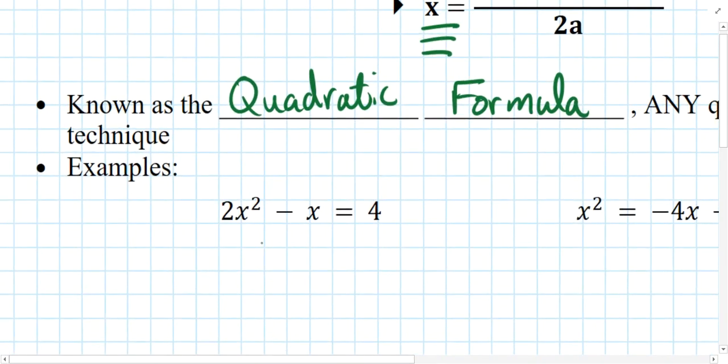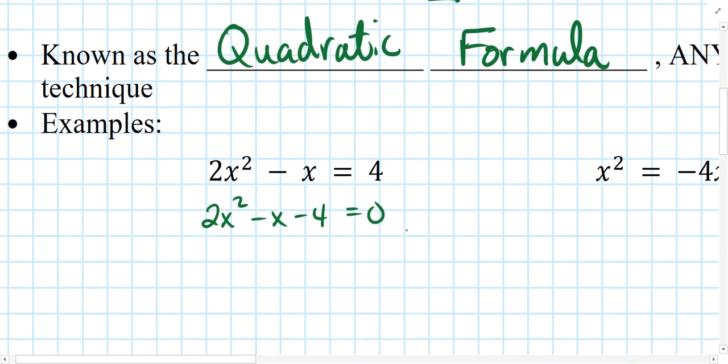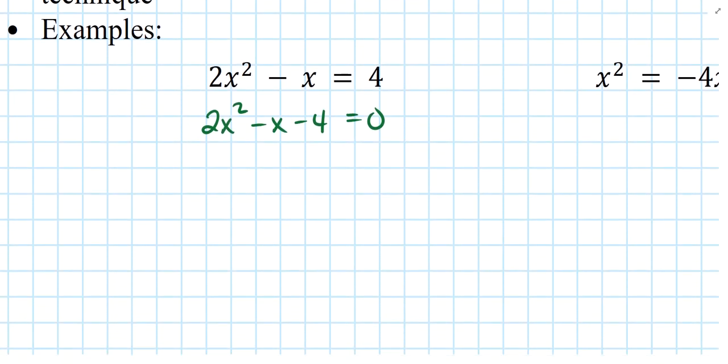For example, when rewritten as a standard trinomial equal to 0, the a value in this problem is 2, b is -1, and c is -4. Now, by substituting into the formula and simplifying, we see the following.